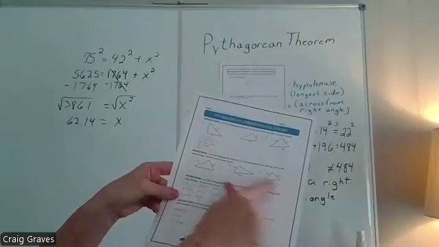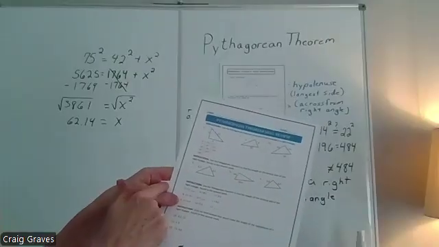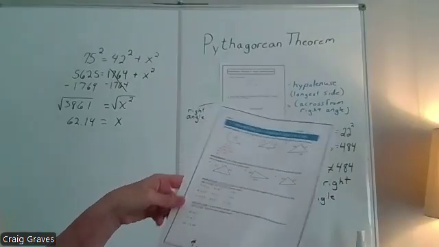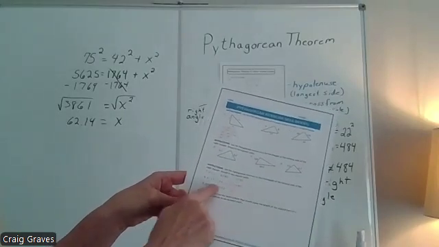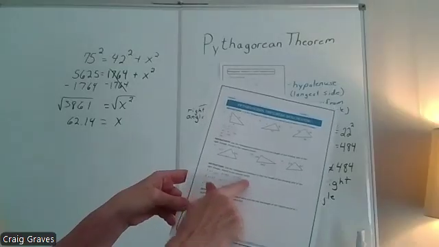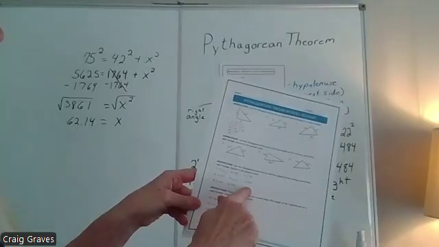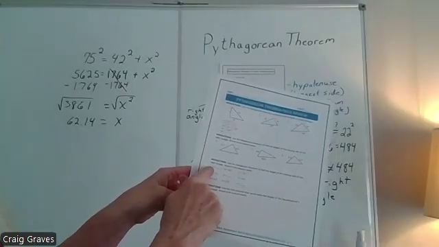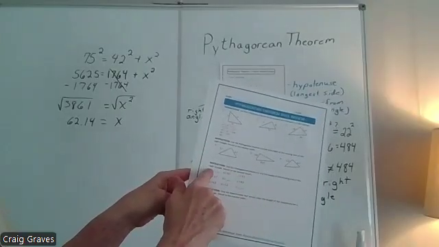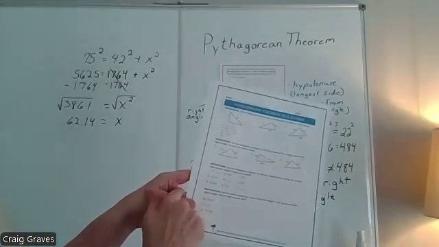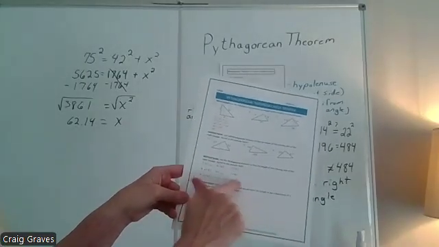And then the next ones are like the ones you were just doing. You're going to find the missing side using the Pythagorean theorem. And then 7 through 9, you're also finding the missing side, but note that C is the hypotenuse. This is always the longest side. So this A is going to be shorter. It'll be smaller than that. So A squared plus B squared equals C squared. And this one, the C is what's missing.